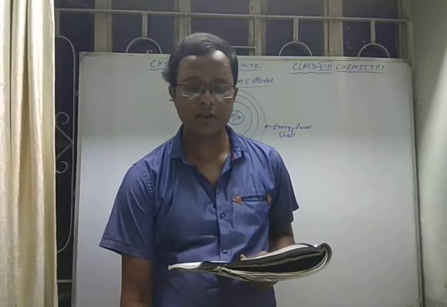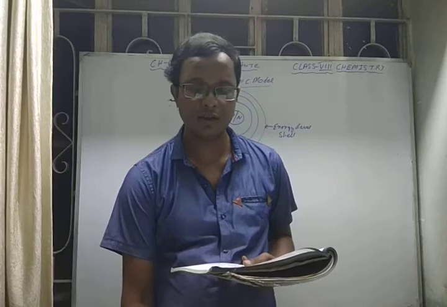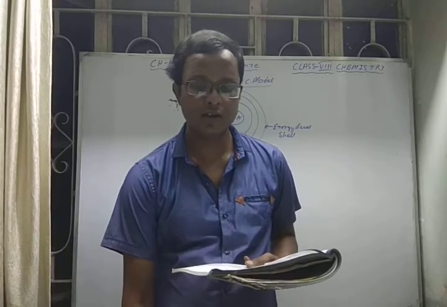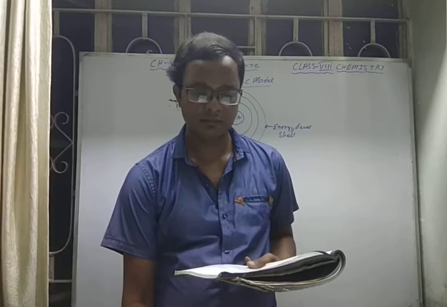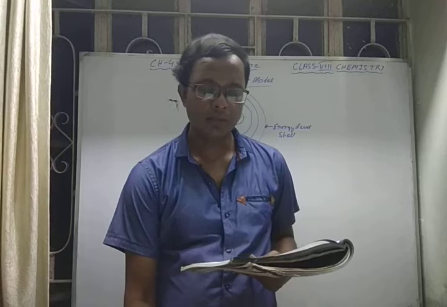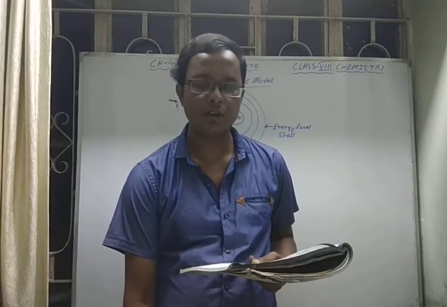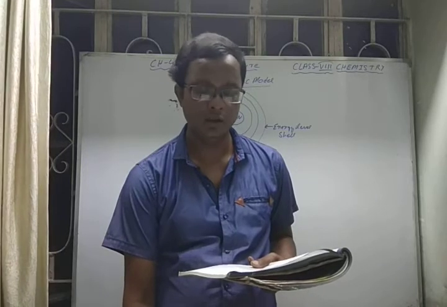Each orbit is associated with a fixed amount of energy. The shell nearest to the nucleus is the smallest, number 1, and the energy increases as it goes away from the nucleus. The number of electrons present in an atom is equal to the number of protons, so an atom is electrically neutral.